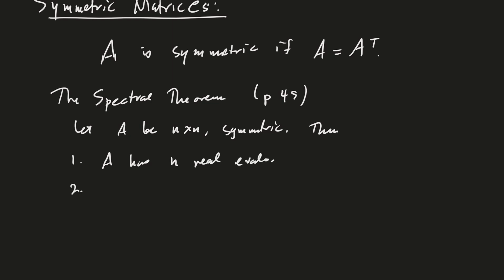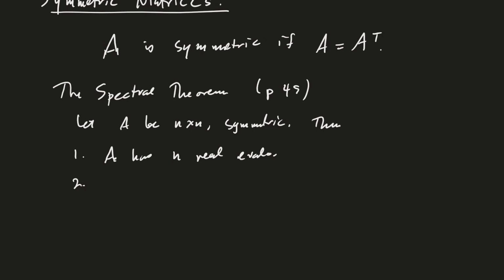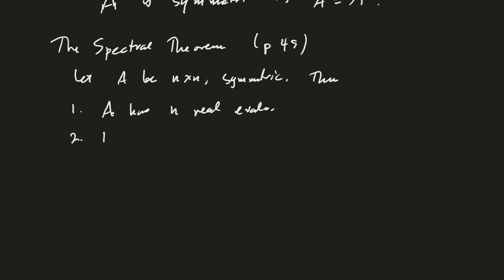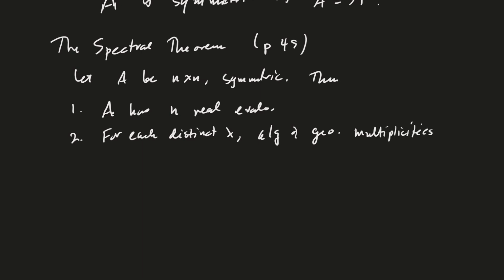Excellent. Number 2. For each distinct lambda, the algebraic and the geometric multiplicities are equal. What does that mean?